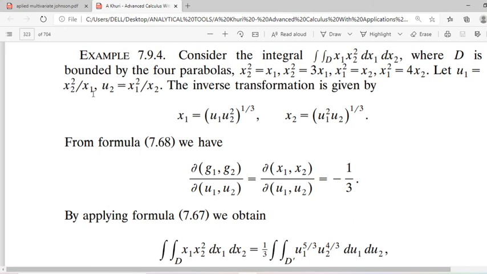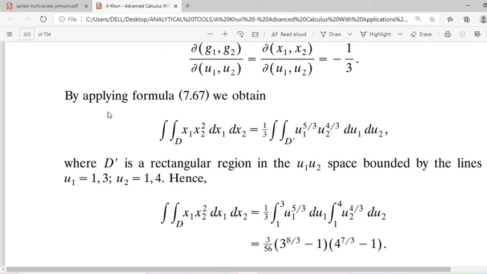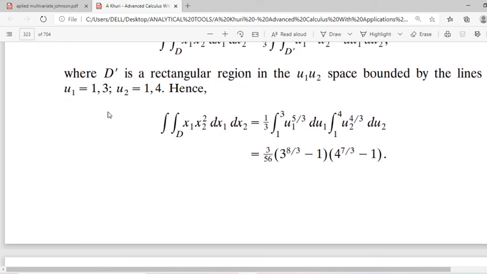The region is bounded by the lines u1 from 1 to 3 and u2 from 1 to 4. So in that case we can see that the integration is possible.